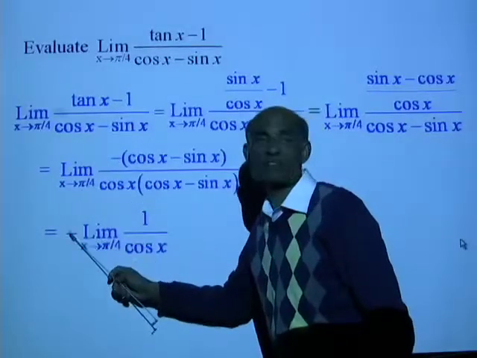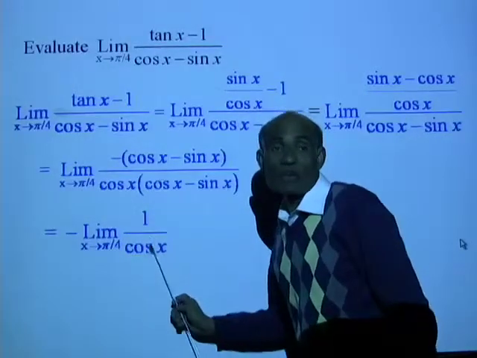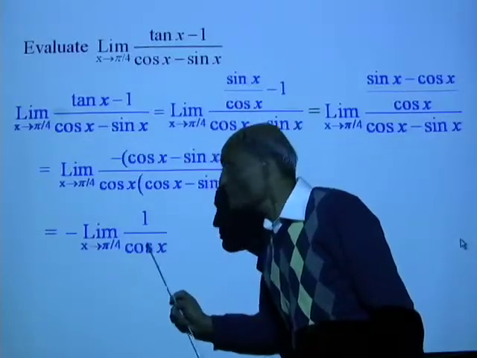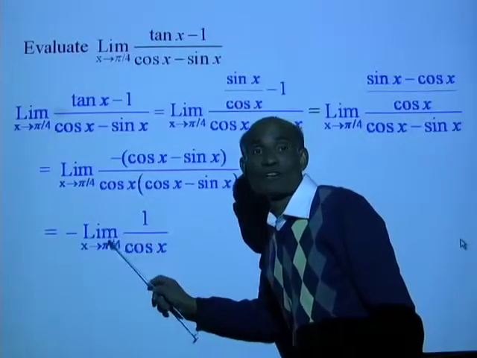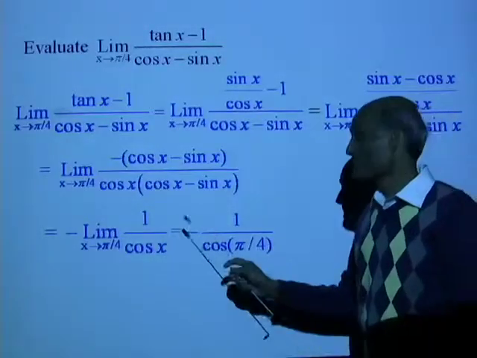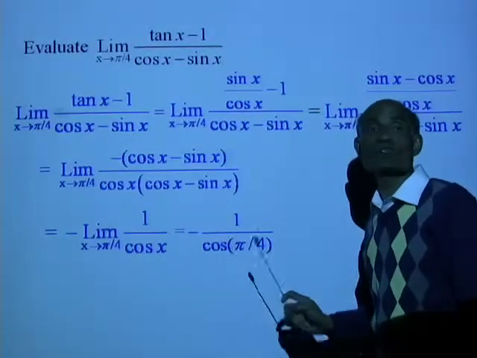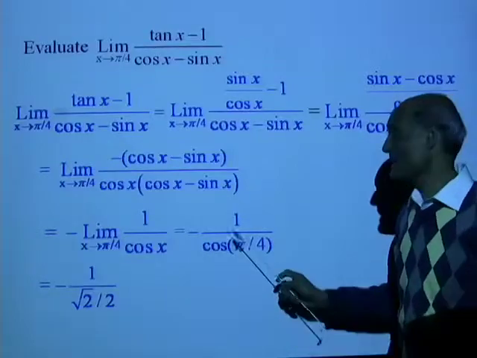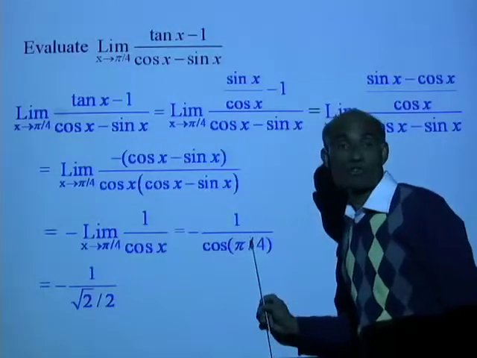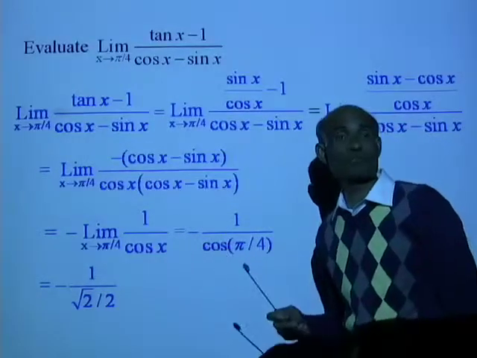You can see that negative sign remains. And what is cos x? If you now replace your x by pi by 4, you can see this will become negative 1 over cos of pi by 4. And cos of pi by 4 is root 2 over 2.